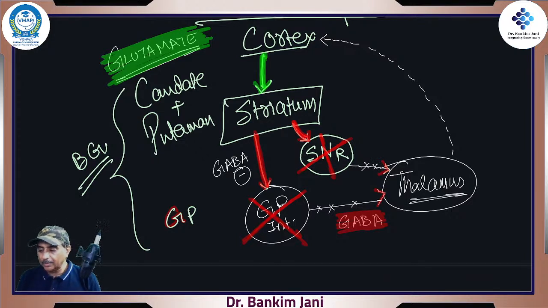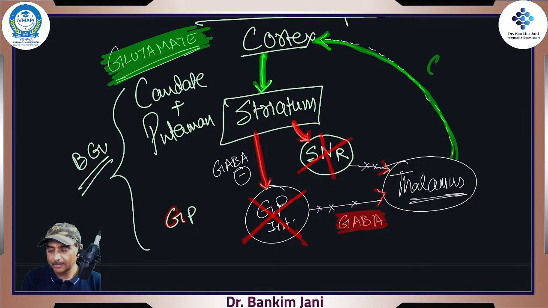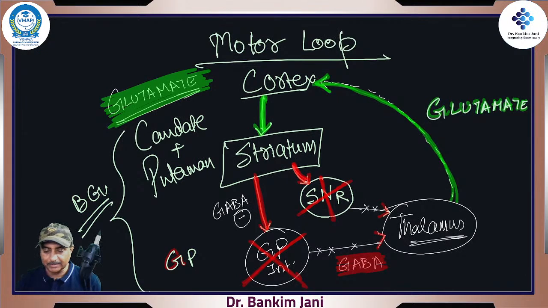Thalamus now goes into the excitatory state and it will release glutamate on these channels. That's where the glutamate will come into the picture and lead to contraction of muscles, because that's where the cortex will work and then muscle contraction will start.